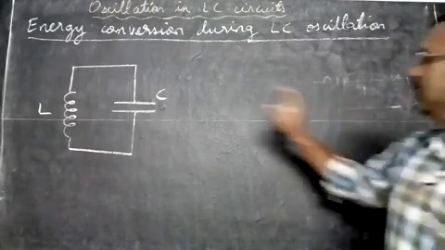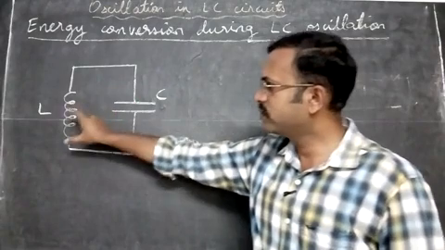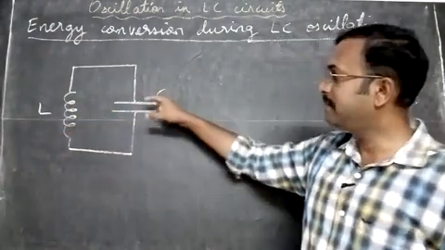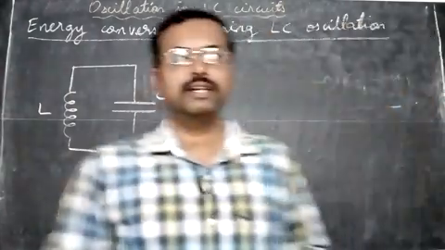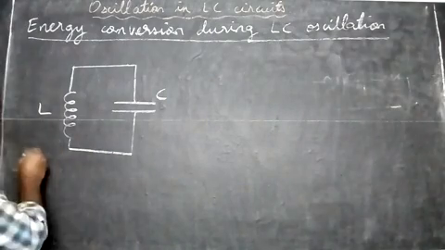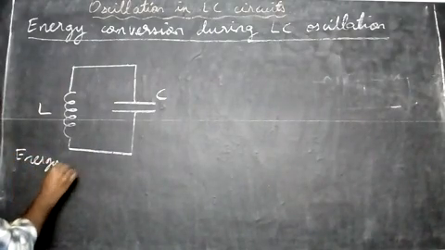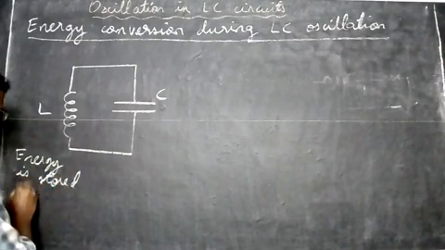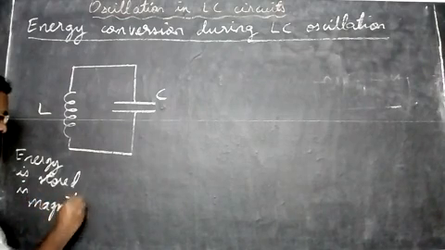Now when you give energy to it, the energy will be stored in the inductor in the form of magnetic fields, and in the capacitor in the form of electrostatic fields. So how is the energy stored here? In the inductor, energy is stored in magnetic fields. Remember, an inductor will produce a magnetic field when current flows through it.